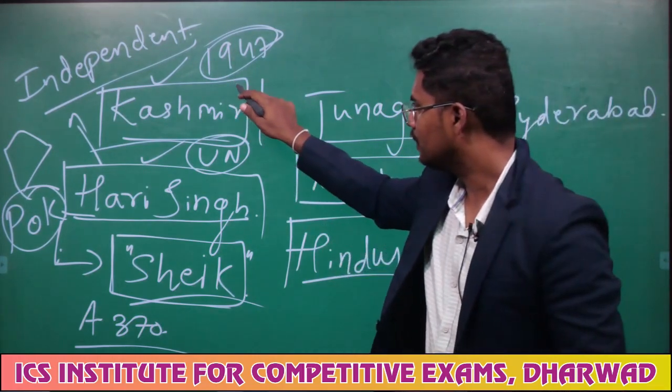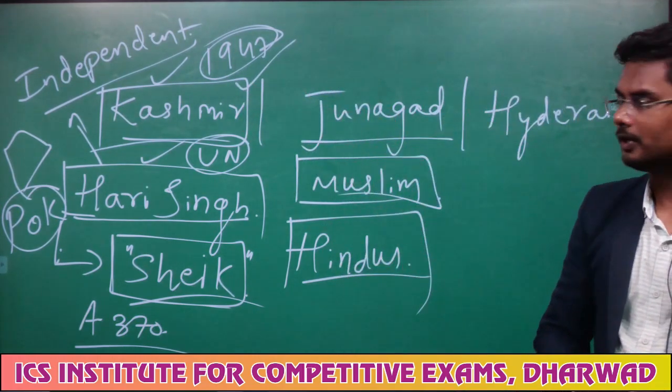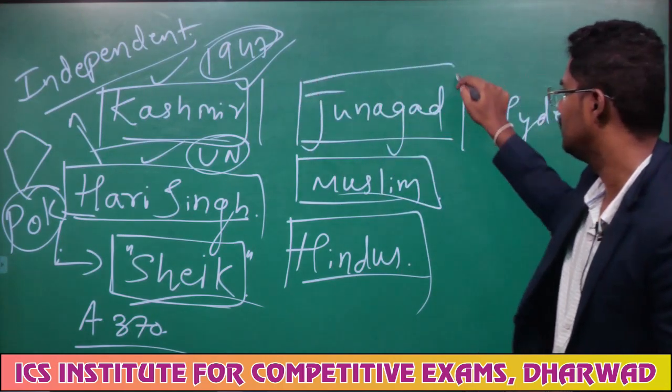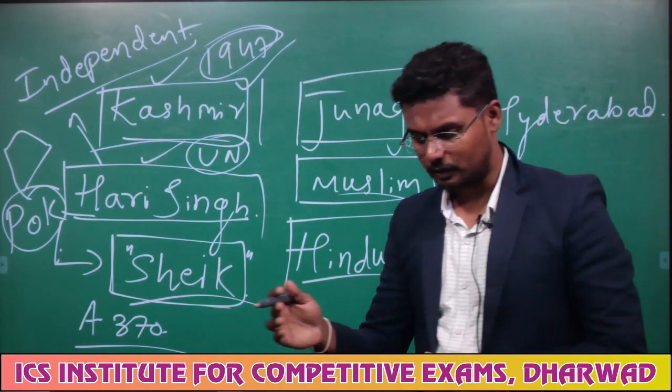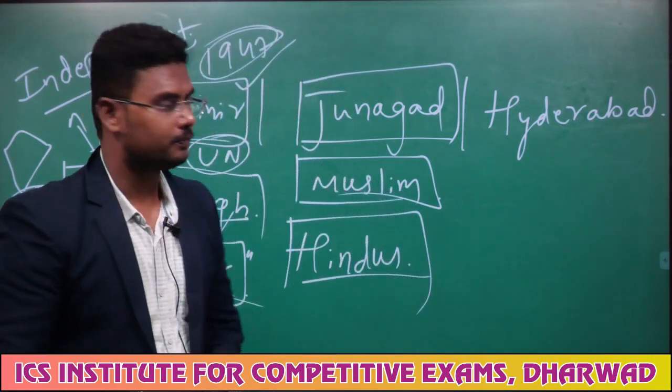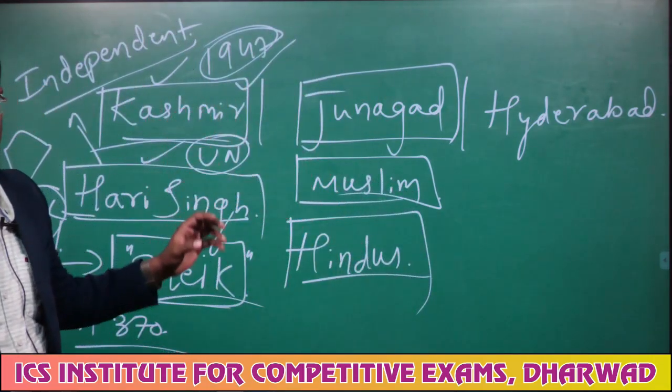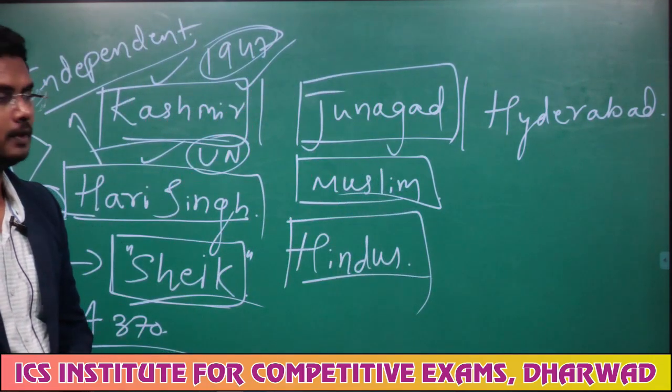So thus Kashmir joined India through military action, and Junagadh too joined India, in the year 1947, after the king of Junagadh gave it away.